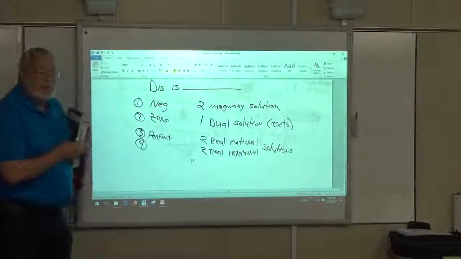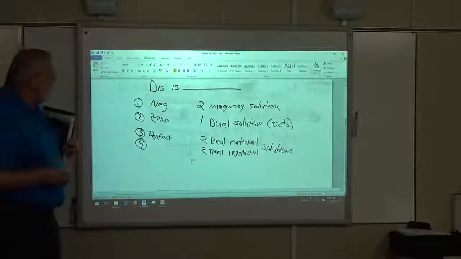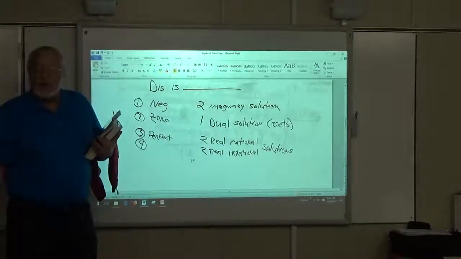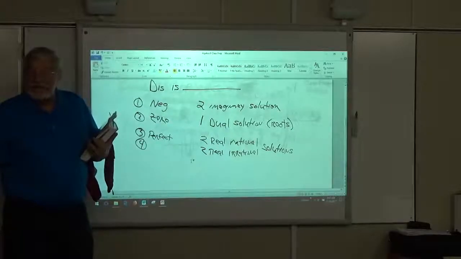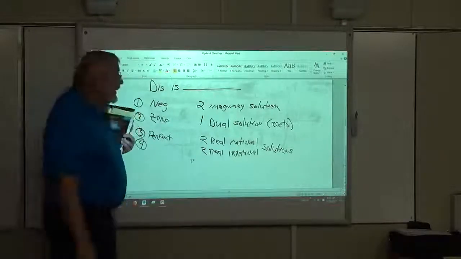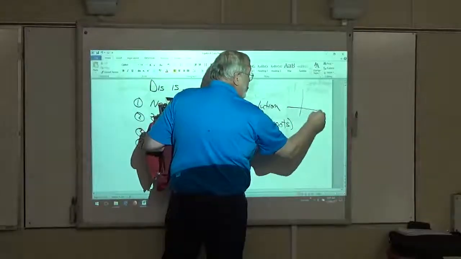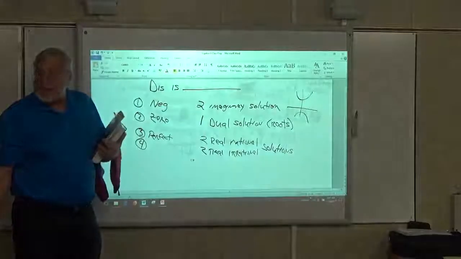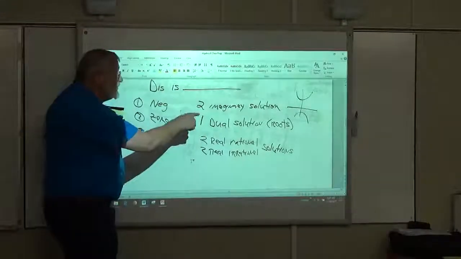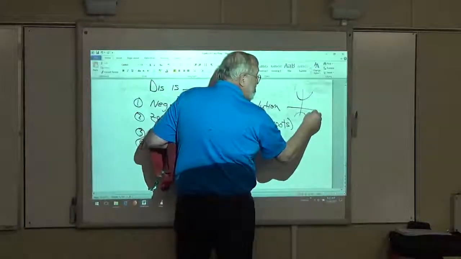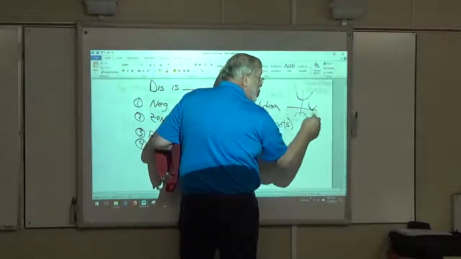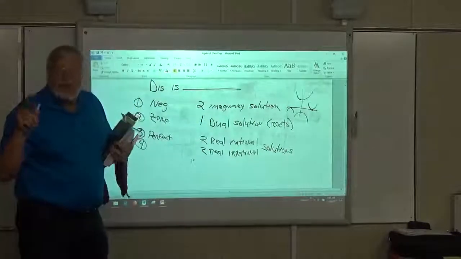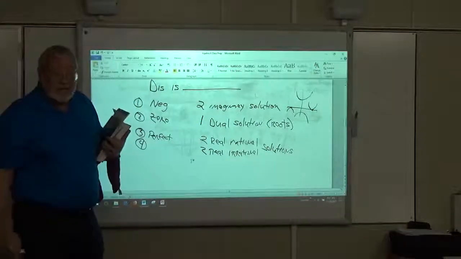Now, one thing the book does not ask: if you have two imaginary solutions, what would the graph look like? The graph is going to be either up here or down here. It's never going to cross the x-axis. If it's a dual root, the vertex will be touching the x-axis.